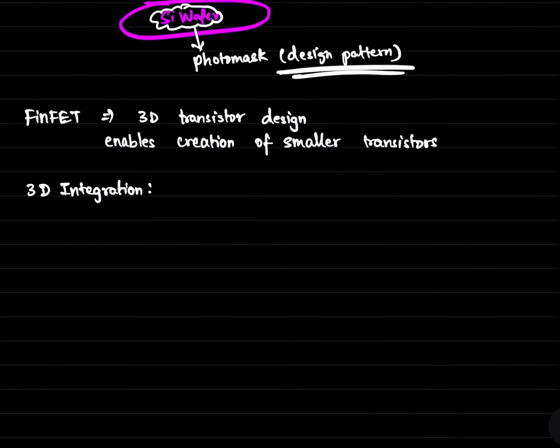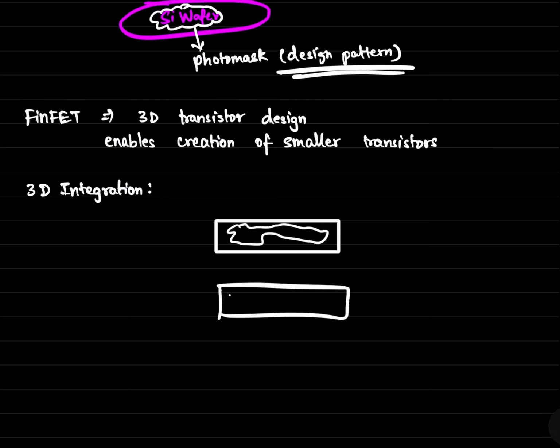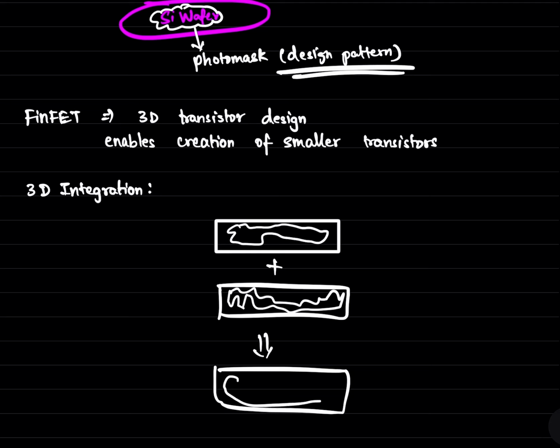We have one IC, and it has some pattern, let's say, and we are stacking another IC which, let's say, has something like this, and we are merging it above one another, such that the resultant will be something like this.